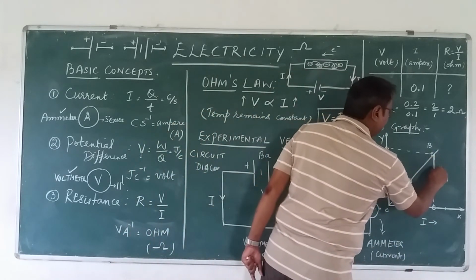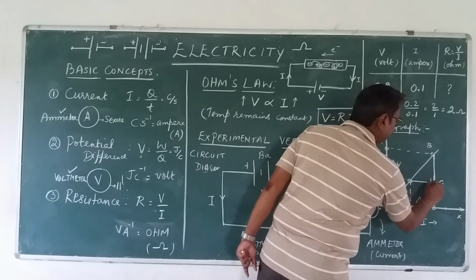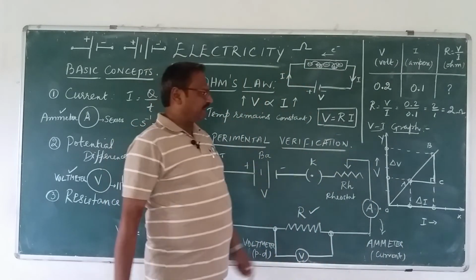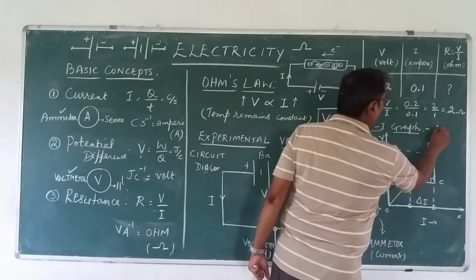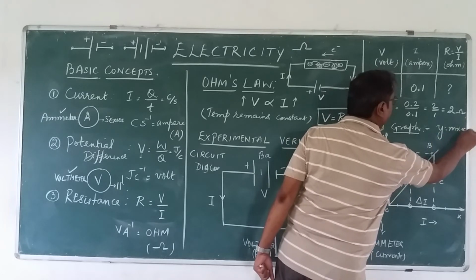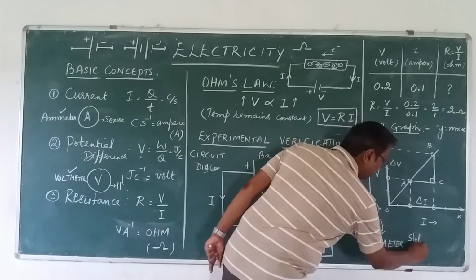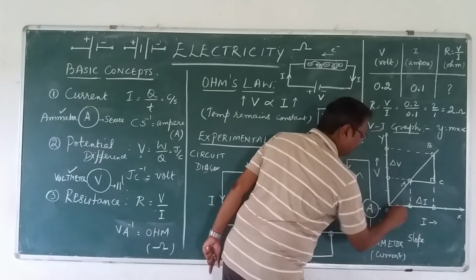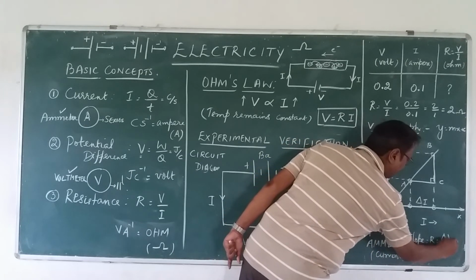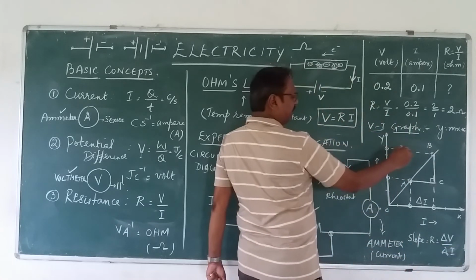Now we will find the slope of this straight line. For a straight line, the equation is y is equal to mx plus c, which you would have studied in mathematics. In simple terms, in physics, we will say the slope of the straight line gives us the resistance, which is delta V upon delta I. Very simple.